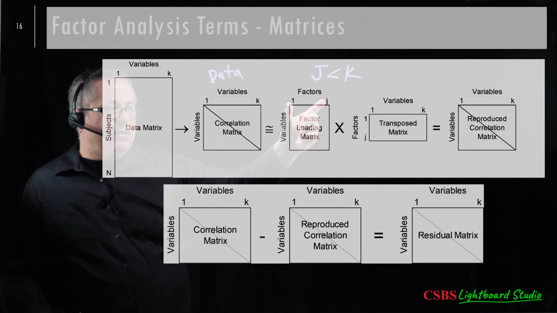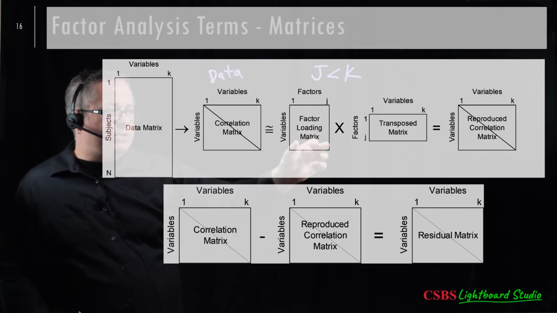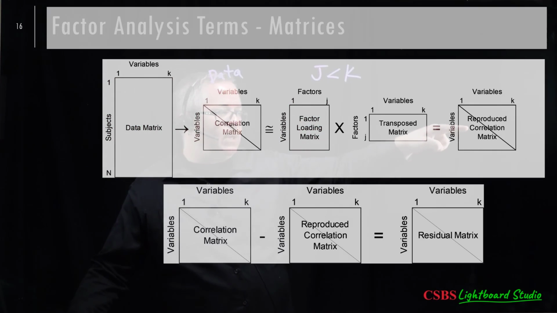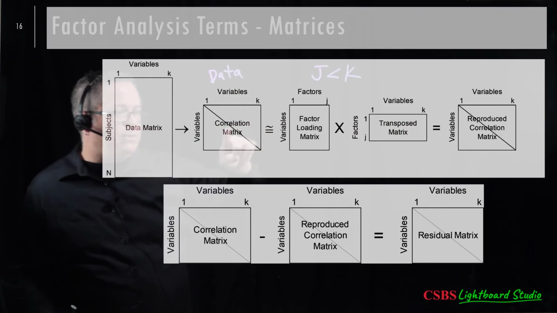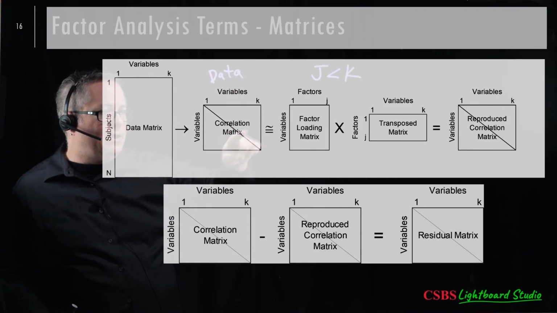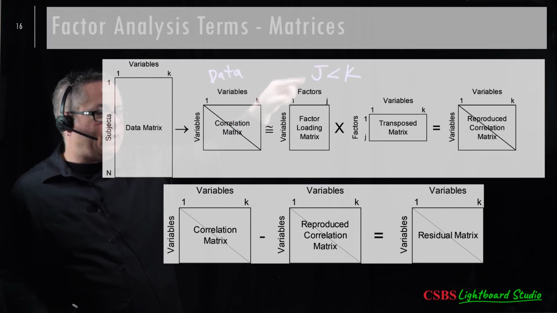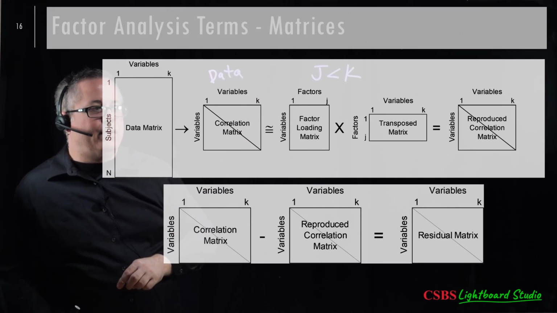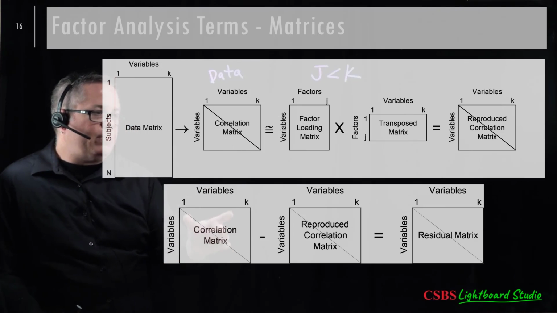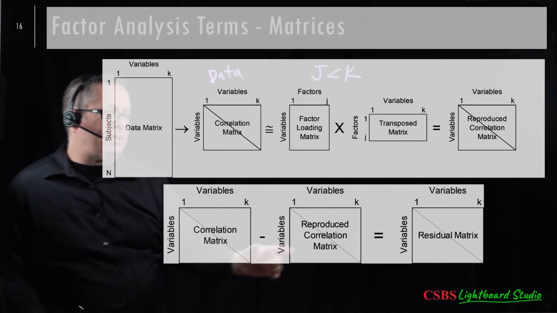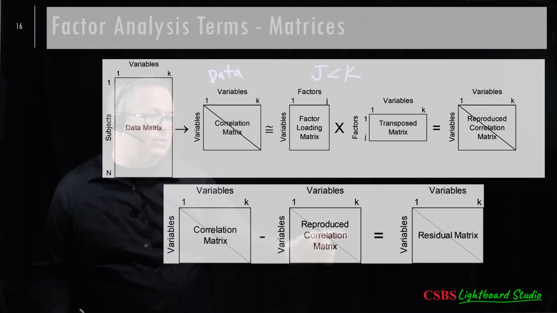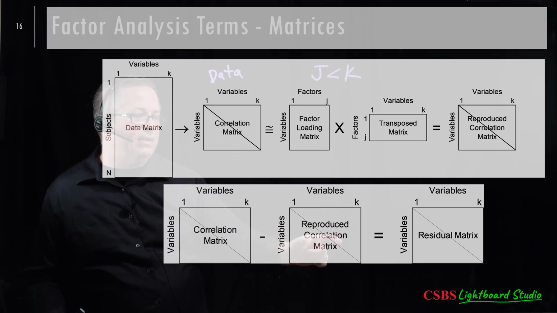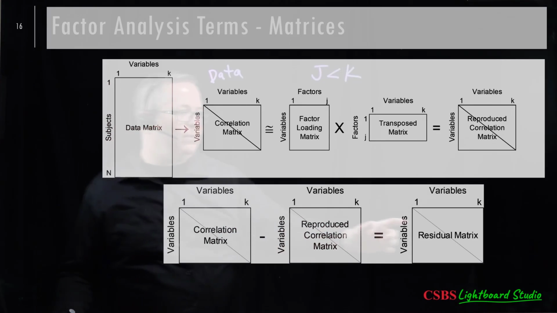Then I can use that matrix to reproduce the correlation matrix, and I want to be able to reproduce it as well as I can with as few factors as possible. If I do that, I can take my original matrix, subtract my reproduced matrix from my factor analysis, and I get a residual matrix.